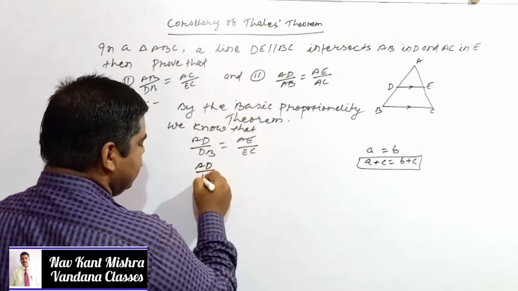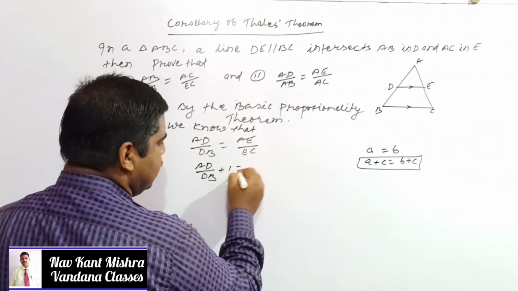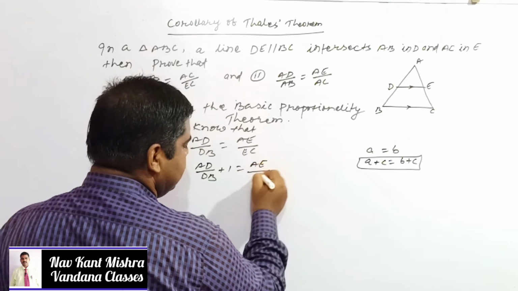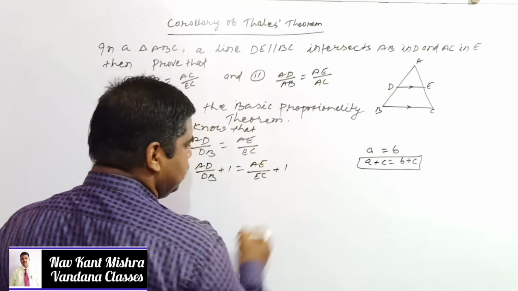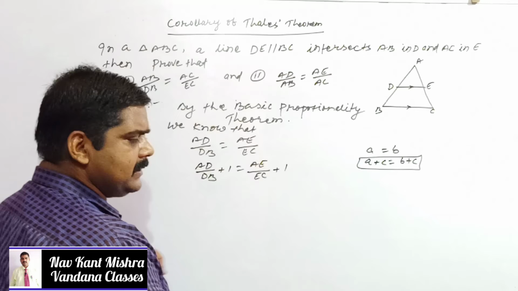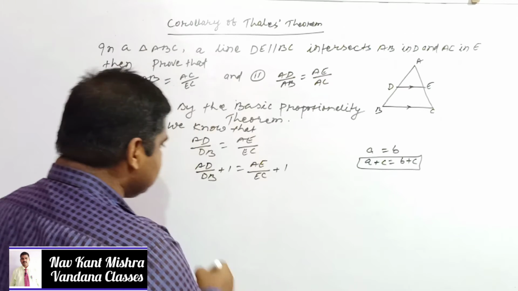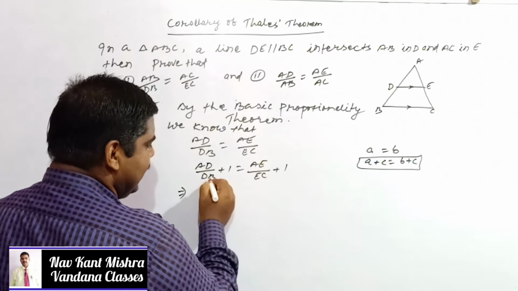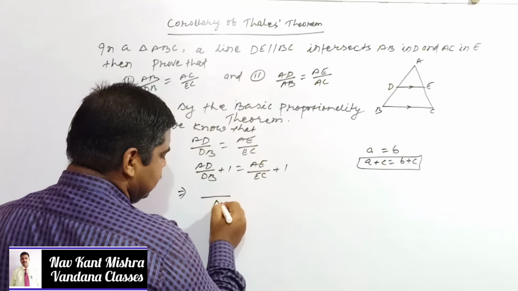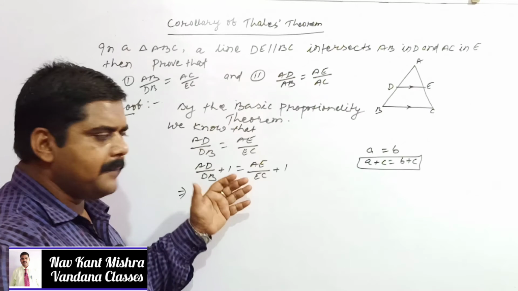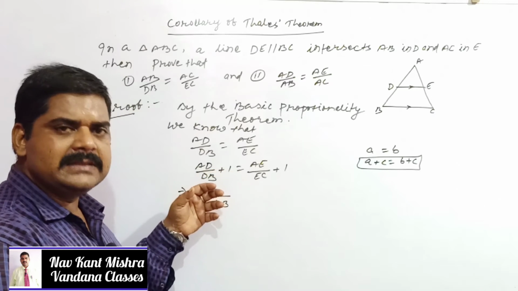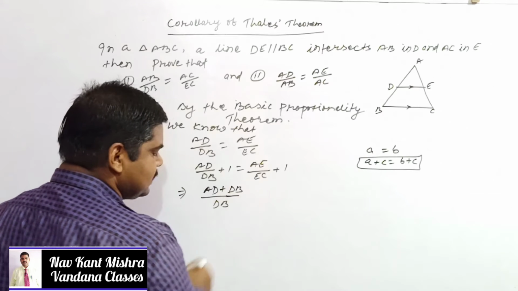So AD upon DB plus 1 is equal to AE upon EC plus 1. After that you have to take the LCM, that is DB, and simplify. What do we get?